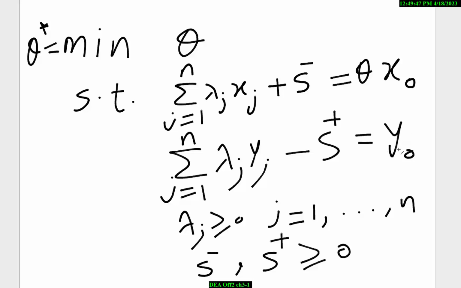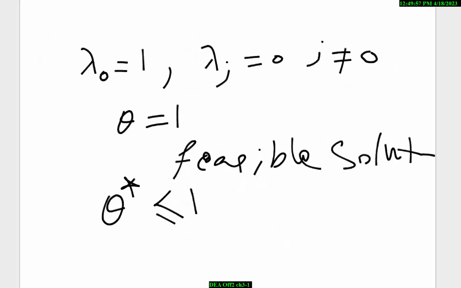That means at least one of its components is strictly positive. So we also have the optimal objective function value of the model bigger than 0. So theta star is between 0 and 1.